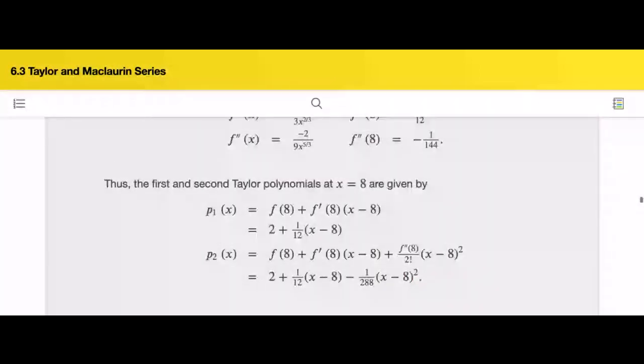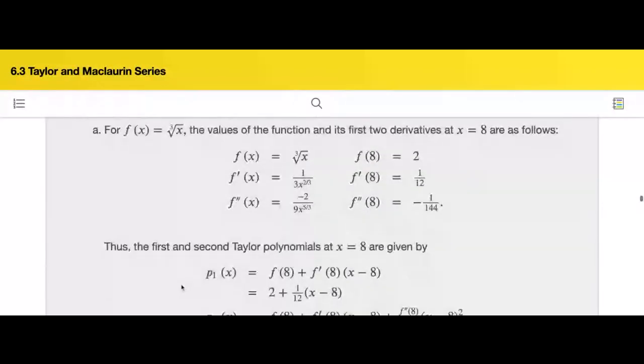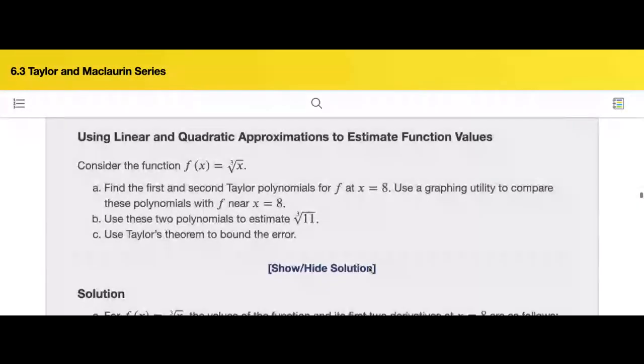So given a function, like the cubic root of x, we need to know how to use a linear Taylor polynomial to approximate, or quadratic approximations. So what do we do?